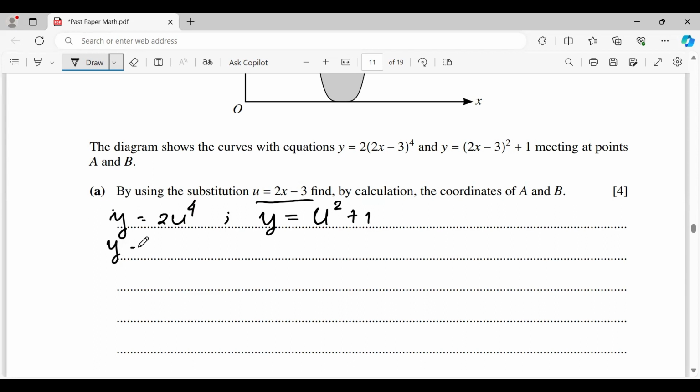Right, y equals y, it means 2u to the power 4 equals u squared plus 1, or 2u to the power 4 minus u squared minus 1 equals 0.